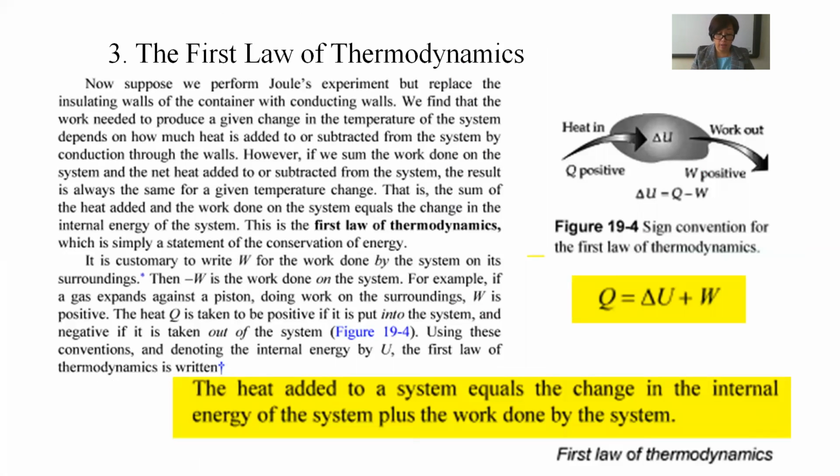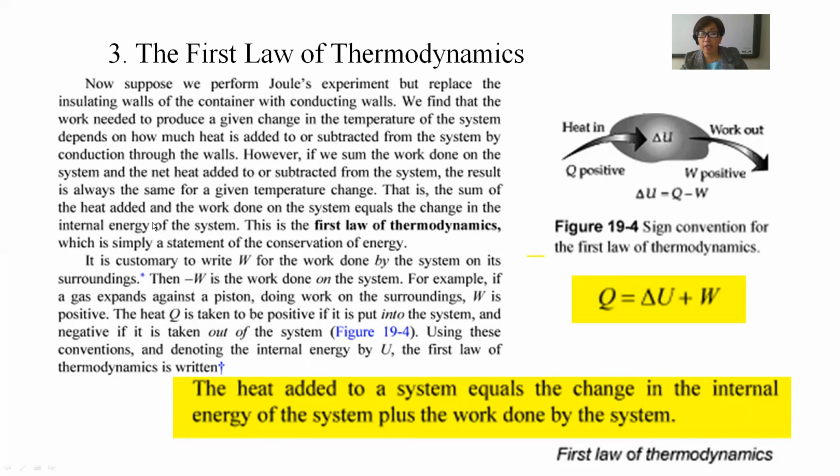Okay, and the third question: the first law of thermodynamics. We take one system. Heat added to the system is positive, and it changes the internal energy inside the system. Work done on the system is positive.